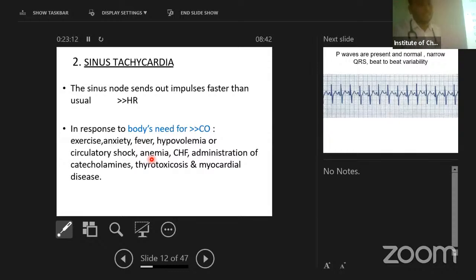Then sinus tachycardia. Generally, sinus tachycardia is when the SA node sends the impulse faster than the normal heart rate for the age group, in response to the body's need for increased cardiac output, like in exercise, anxiety, fever, hypovolemia, circulatory shock, anemia, congestive cardiac failure, administration of catecholamines, thyrotoxicosis, and myocardial diseases.